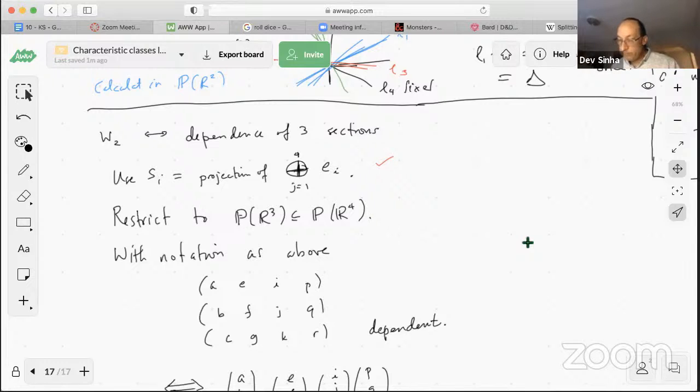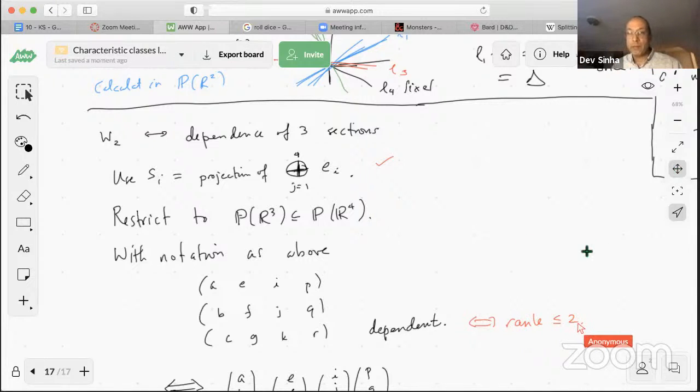Elementary linear algebra says, if I've got this matrix of 3 rows by 4 columns, and those rows are dependent, that means it's rank 2, well, less than or equal to 2.